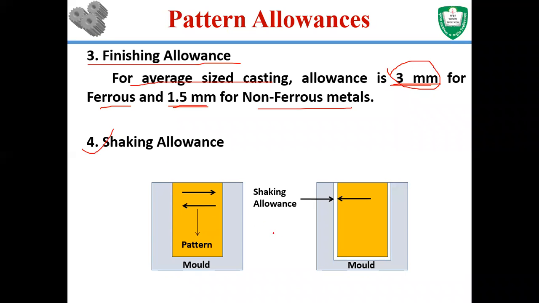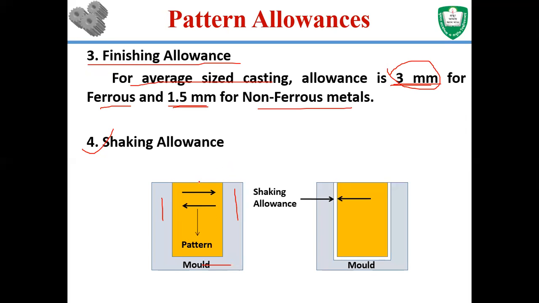The shaking allowance is this: when you pack with the sand, the sand gets stuck to the surface of the pattern. Am I right? Obviously, the sand gets stuck, and you need to release the pattern from the sand. And how do you do that?